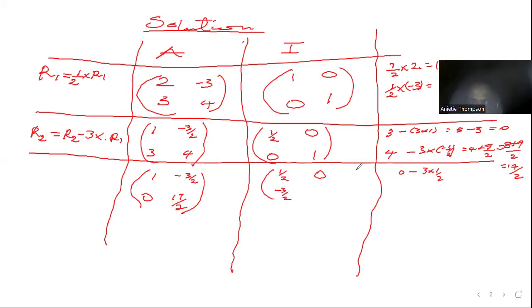And here will become row 2, that is 1 minus 0, and that's still going to be 0. Okay, so 1 minus 0, because 3 times 0 is still going to be 0. So 1 minus 0 is going to be 1. So we have 1 there.